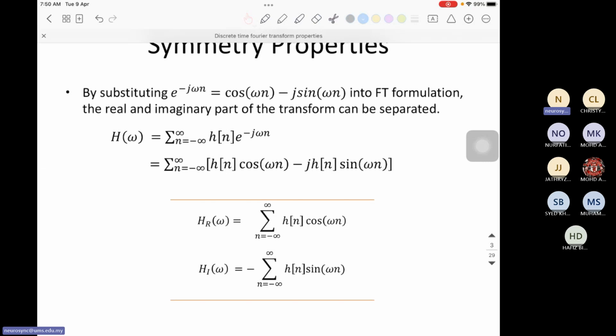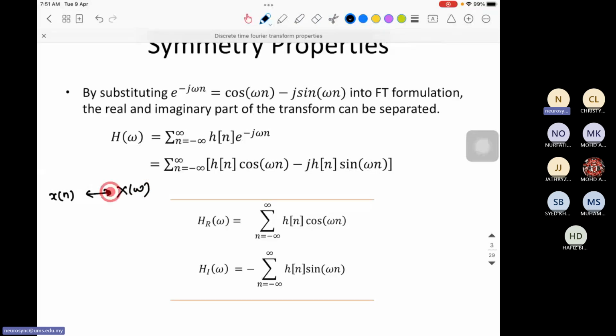This is the trigonometric function. So I am having x of n, and after applying DTFT or inverse DTFT I will get this x of omega, and vice versa.